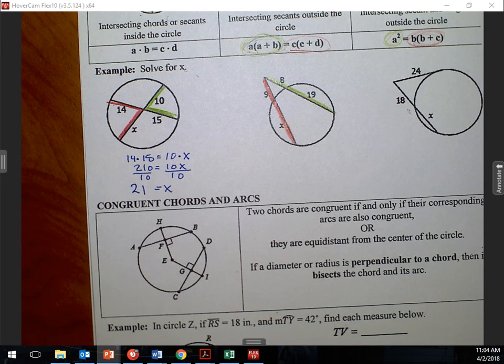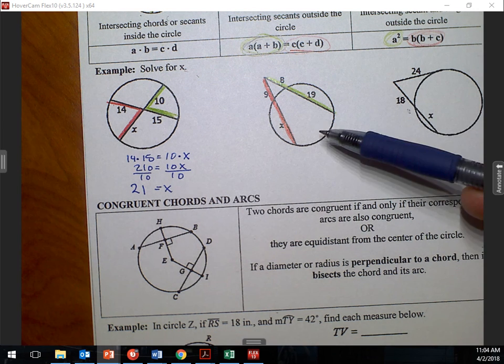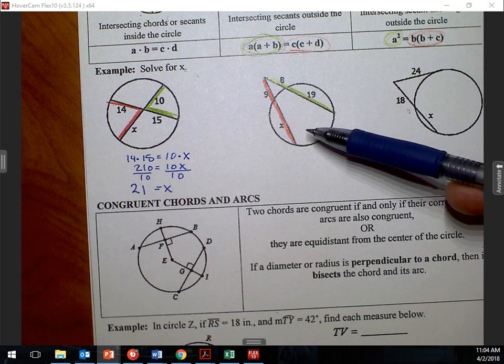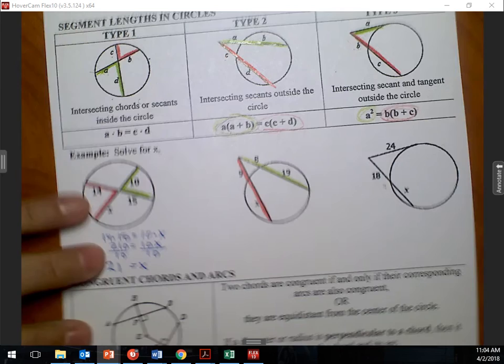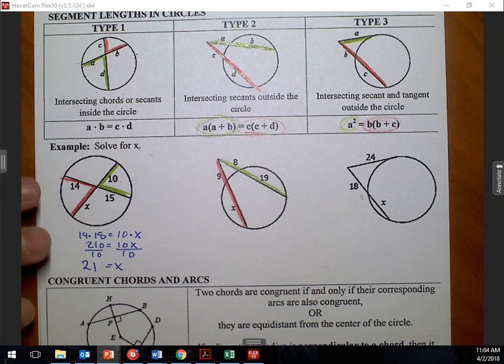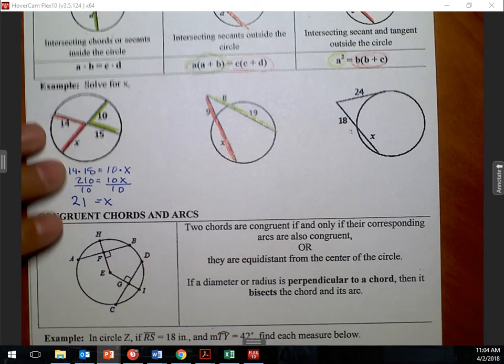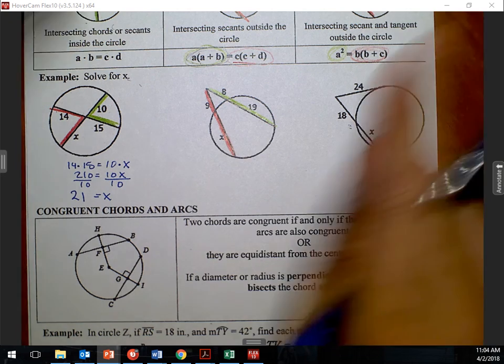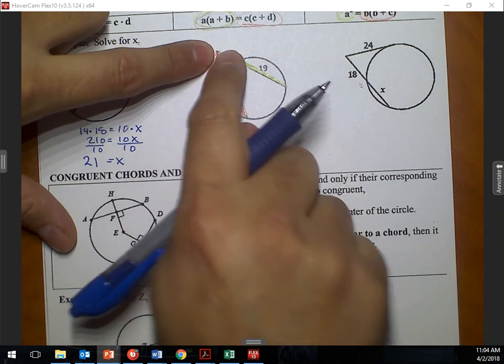Okay, so we colored our two secants. Now, is this intersecting on the inside or outside? Outside. Outside, very good. So this is going to be type 2 or type 3? Type 2, right? So type 2. So let's go ahead and write this out. Let's do the green side over here.